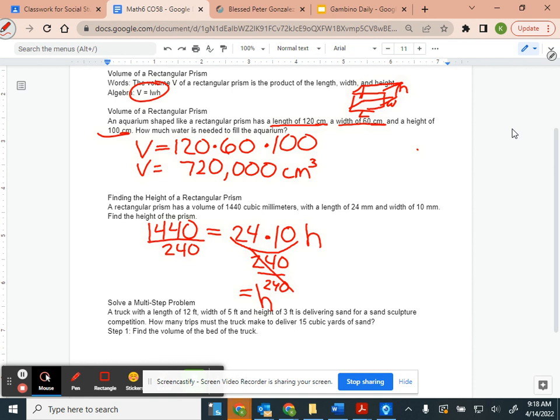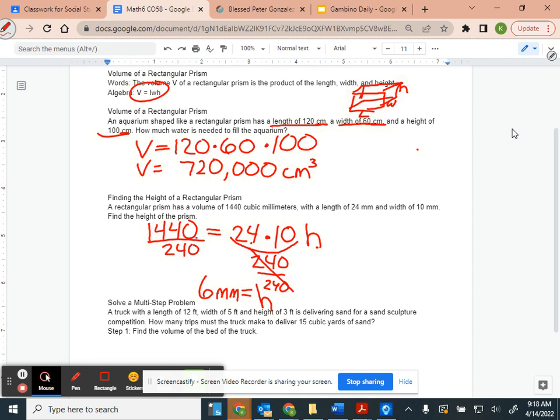Peyton. Oops, I need space for my measurement. 6 millimeters cubed, because we have, oh wait, nope. We're finding just the height. So it's just going to be millimeters, because millimeter times millimeter times millimeter.